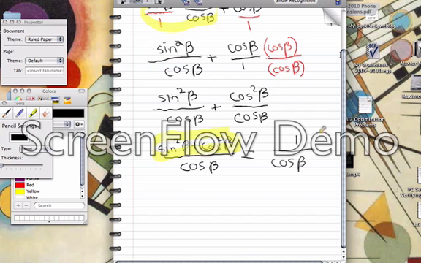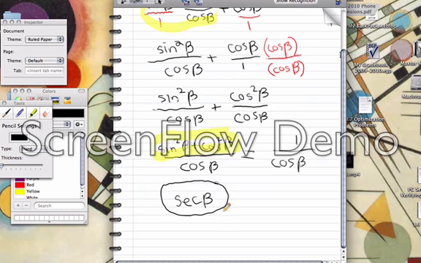And then we can use another one of our fundamental identities, in this case the reciprocal identity. We know that since cosine beta and secant beta are reciprocals, 1 over cosine beta is equal to secant beta. And if I can write an expression as not a fraction, and I'm trying to simplify, I'm going to choose the not a fraction. So this is why writing in a secant beta is a simpler form.